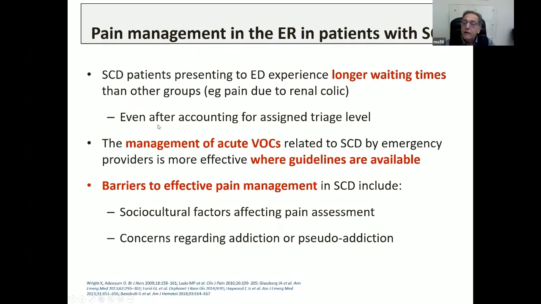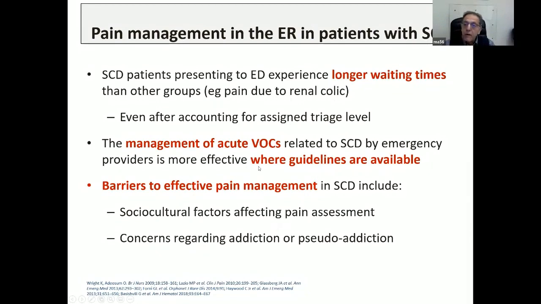This is so even after accounting for the assigned triage level; people can be triaged to urgently needed care, but they still have to wait. Now, the management of acute VOCs related to sickle cell disease by emergency providers is more effective where guidelines are available.